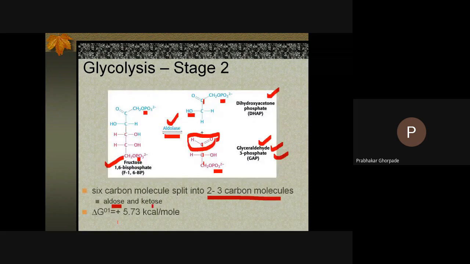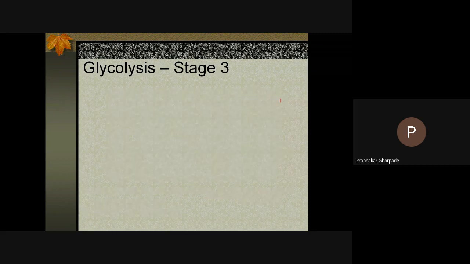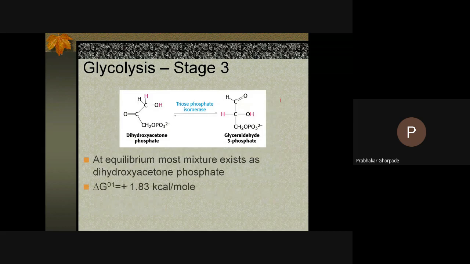Now we know that glyceraldehyde 3-phosphate is involved in the downstream reactions of glycolysis. Now what about the compound dihydroxyacetone phosphate? There is one enzyme, triose phosphate isomerase. What this enzyme does is that dihydroxyacetone phosphate gets converted into glyceraldehyde 3-phosphate.